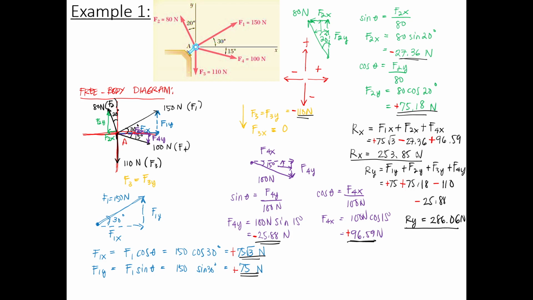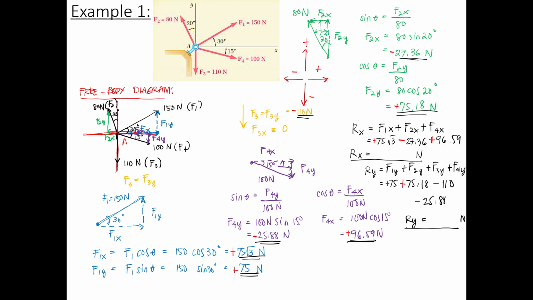So instead of 253 being the total answer, we need to adjust it according to the direction of your forces. So 75 square root of 3, then minus 27.36, that's going to the left, 96.59.